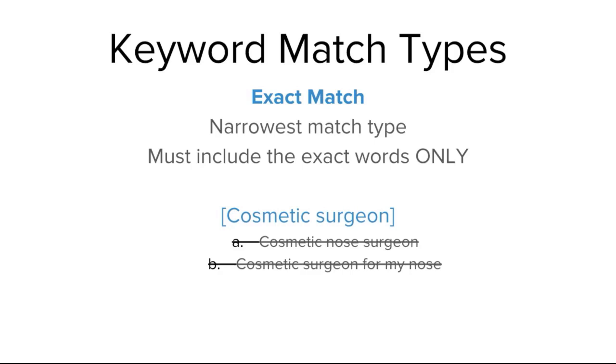And it will literally only show if someone actually types in only the words cosmetic surgeon. It doesn't matter what else you put around or before or between any of the words, it won't show up. So obviously this is going to restrict the potential volume, because you're saying, okay, I only want to show up for this, so it's not going to show you for anything that would be a close match.